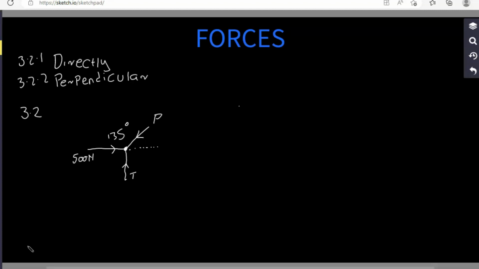Therefore, since the sum of the horizontal components equals 0, we can then say 500 is going to the right. 500 is in that direction. What will be the force in that direction?